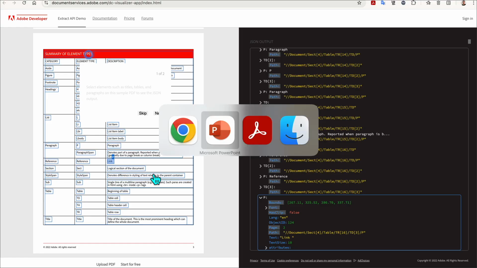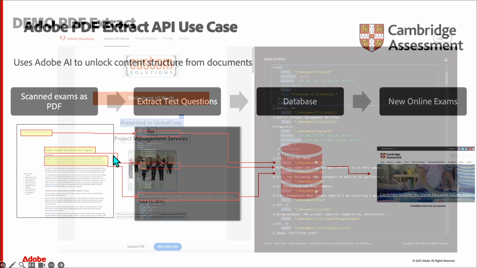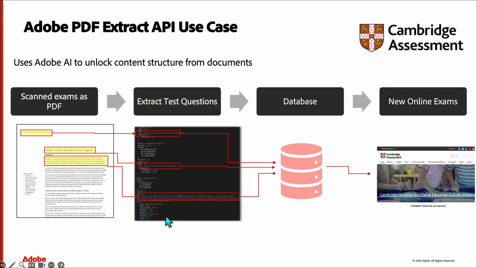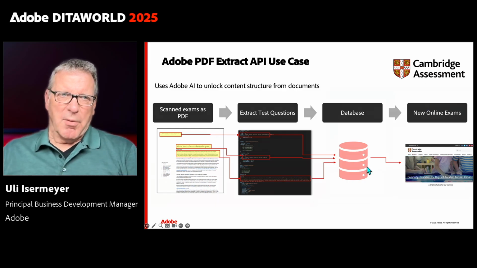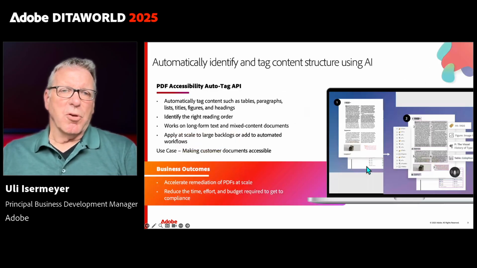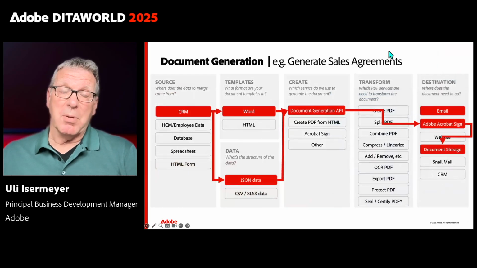You can create out of this file a new file. For example, old PDFs which were scanned get into a JSON file, get into a database, and then you can create new online exams, for example, in this example from Cambridge. Yeah, so there's another service for accessibility and so on, and you can combine all those APIs into different workflows.